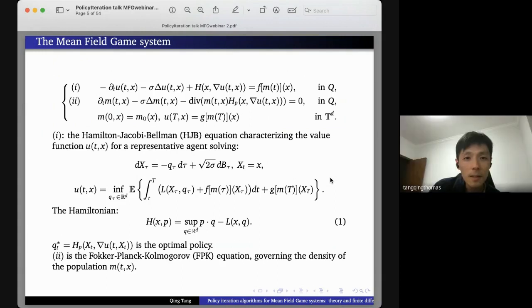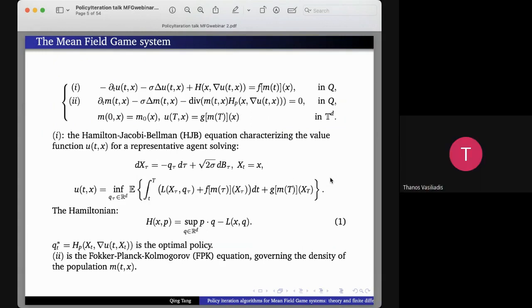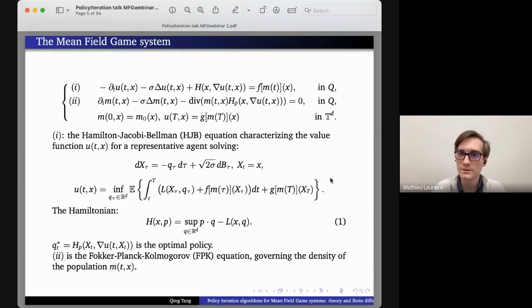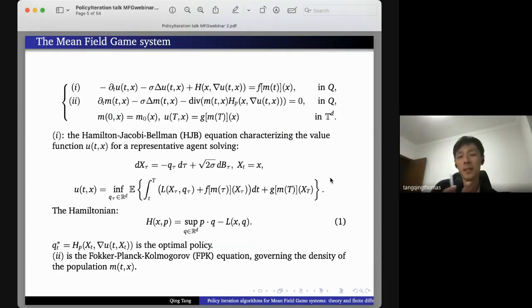In the mean field system, equations 1 and 2, in the end it says in Q. But this Q is a domain, I guess, maybe the time and space. The capital Q is a domain, the parabolic domain.